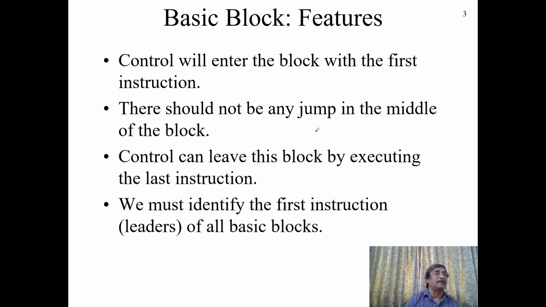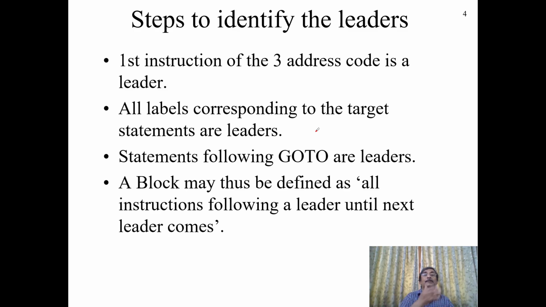What are the first statements of the block? As I said, a block cannot have gotos in the middle, right? So the first instruction of the three address code is a leader, meaning the first statement in a block. All labels corresponding to the target statements are leaders. Why? Because we'll have go to as a target.